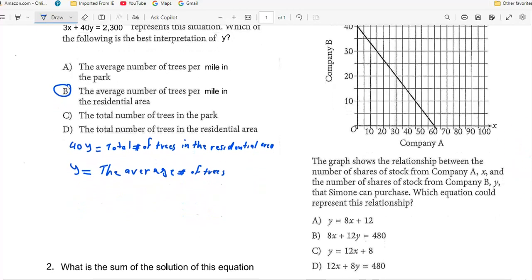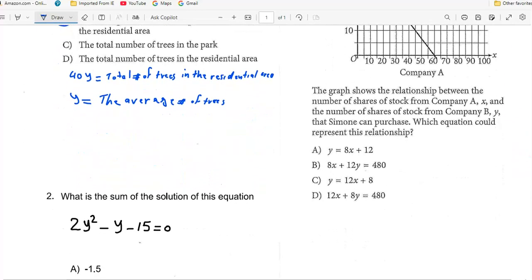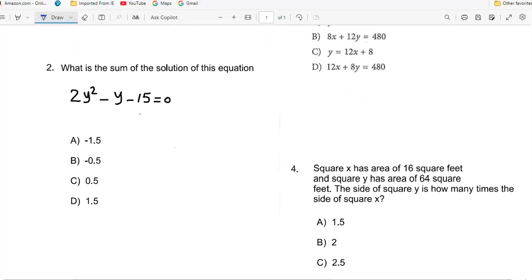And for the second one here, what is the sum of the solutions of this equation? So we can solve this equation. How do we solve it? We can open two parentheses and use the FOIL, but we're going to keep trial and error to get the right combination. So we're going to concentrate on the first term, 2y squared, and put it here and here.